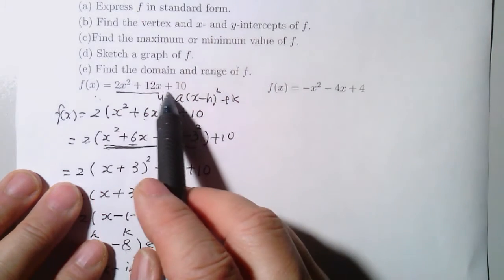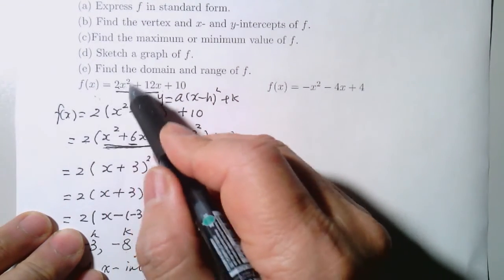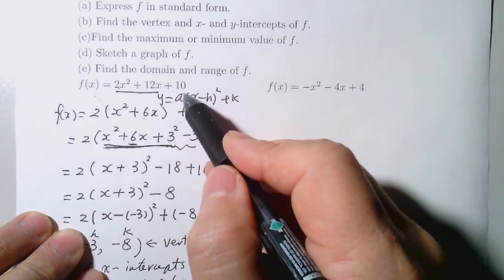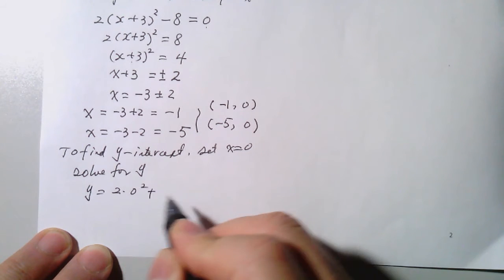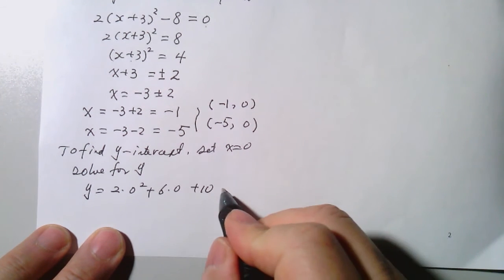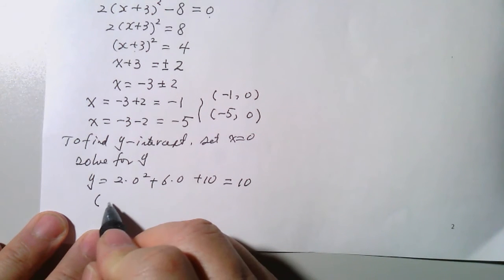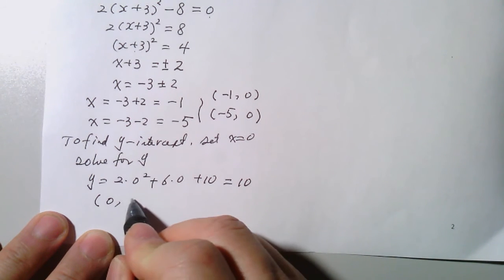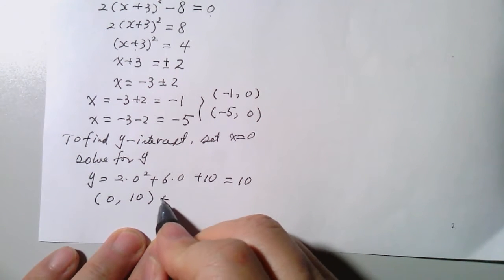When x equals 0, those terms are equal to 0, and you only get y equals 10. So I got y equals 2 times 0 squared plus 12 times 0 plus 10, which only gives you 10. So the y-intercept is x equals 0, y equals 10. This is the y-intercept.